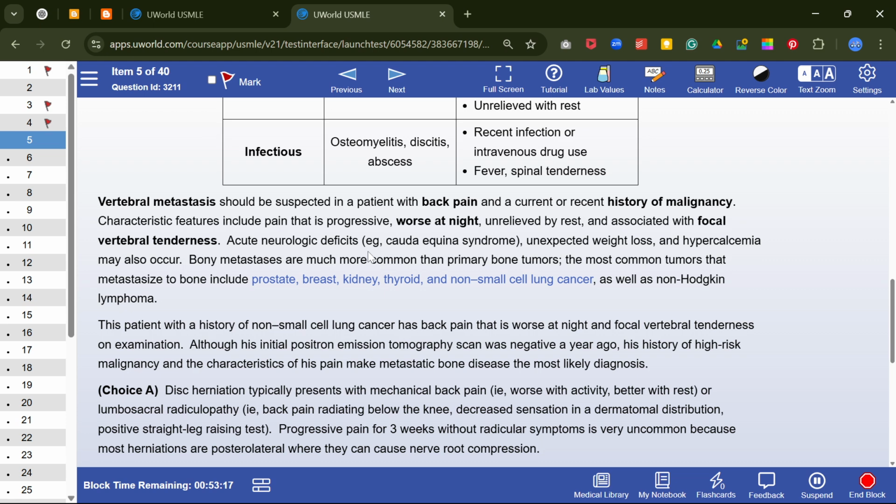Although his initial PET scan was negative a year ago, his history of high-risk malignancy and the characteristics of pain make metastatic bone disease the most likely diagnosis.